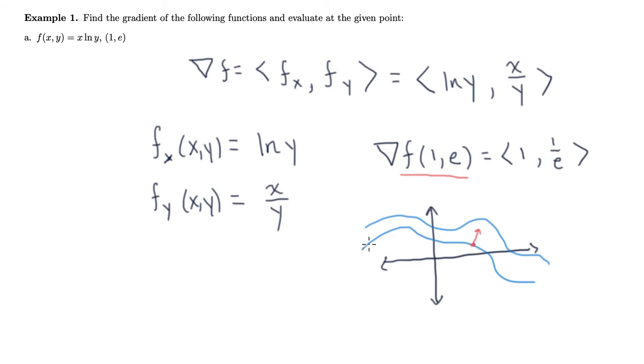So here's our level curve where the function doesn't change along that level curve. So it's sort of pointing uphill. So this is going to be the direction of greatest ascent if these level curves are kind of representing going uphill like that.